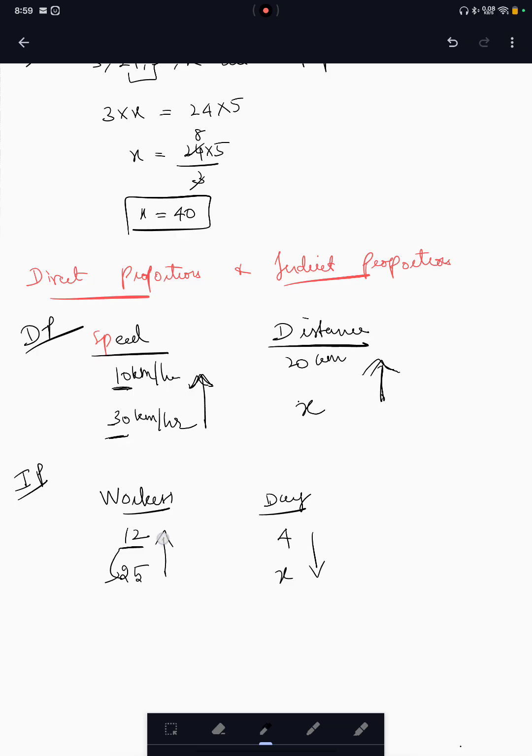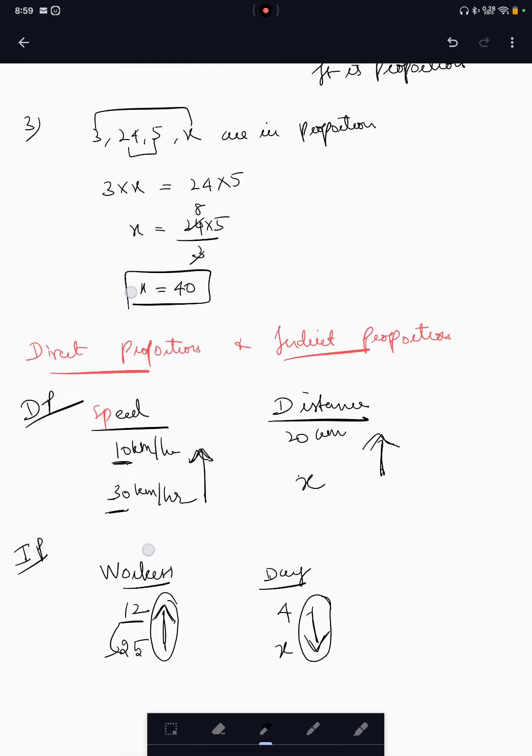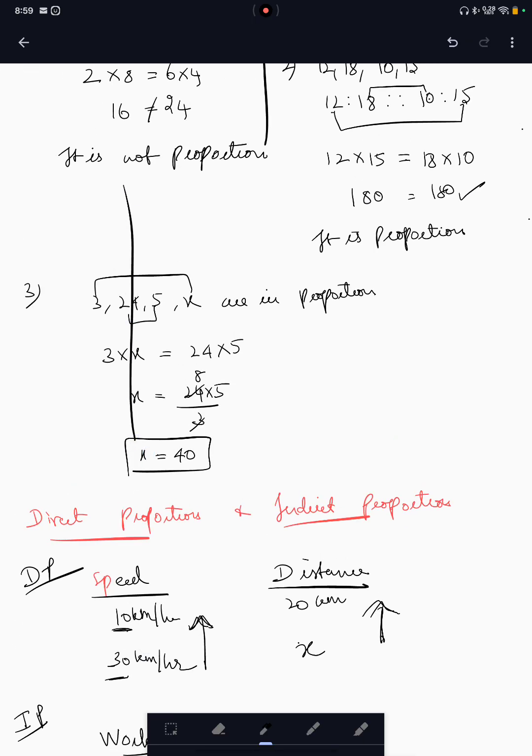So the workers increased and the days became less. One arrow mark is up and one arrow mark is down, so we can say it is an inverse proportion. How to solve it we can do in the next video. So you understand what proportion, direct proportion and indirect proportion are. It is very easy.